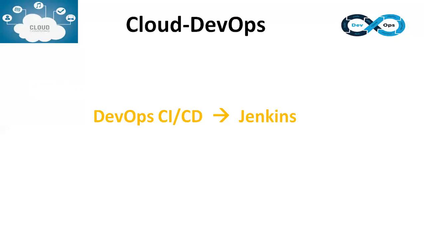The first advantage is Jenkins is open source, and the second advantage is that it has a wide variety of plugins which can provide integration with multiple tools. Because in DevOps we use open source and licensed versions as a combination to fulfill our DevOps CI/CD process.